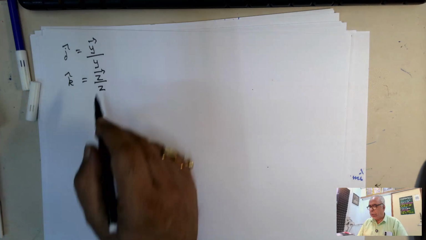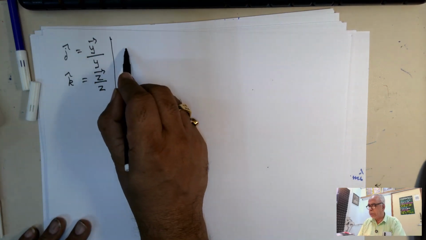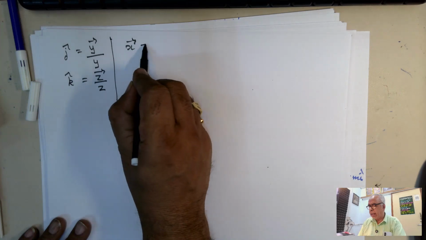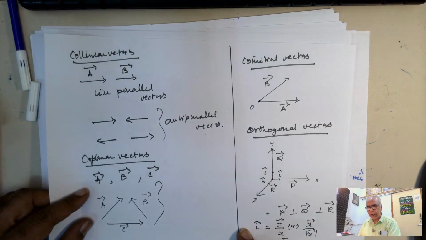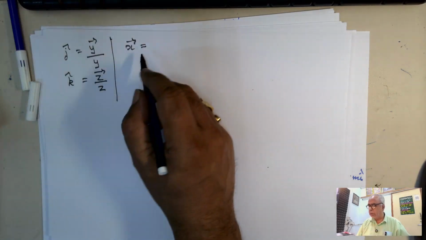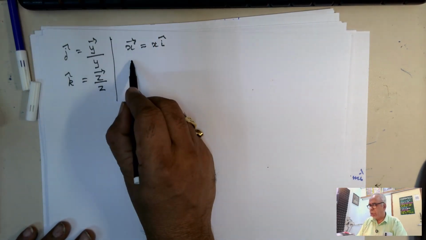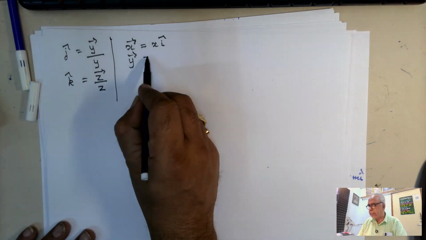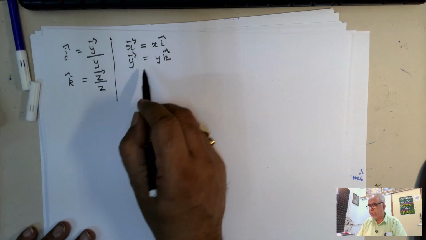right? So in that case, we can represent x vector as x into I cap. Do you understand? So x into I cap. Y vector as y into j cap.